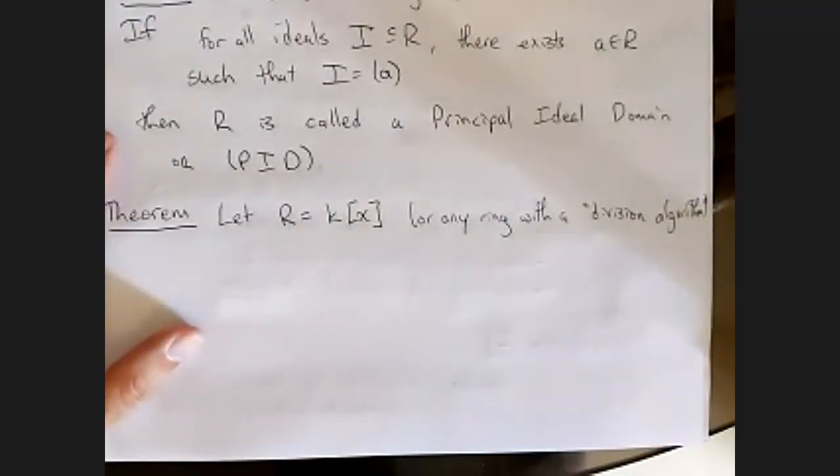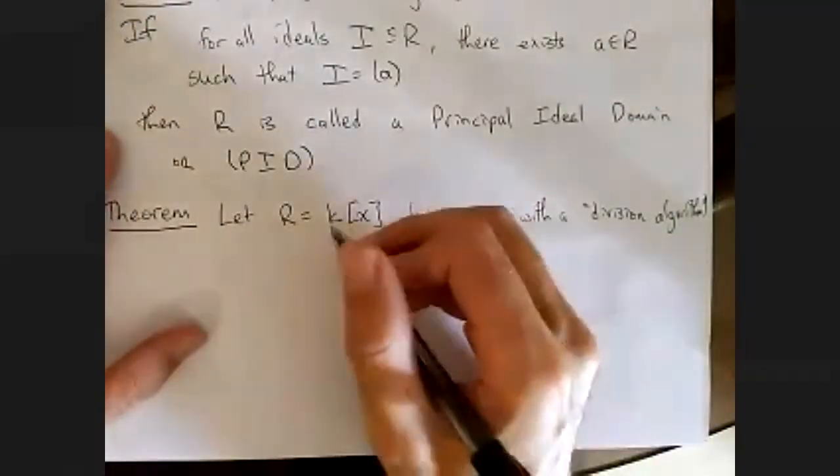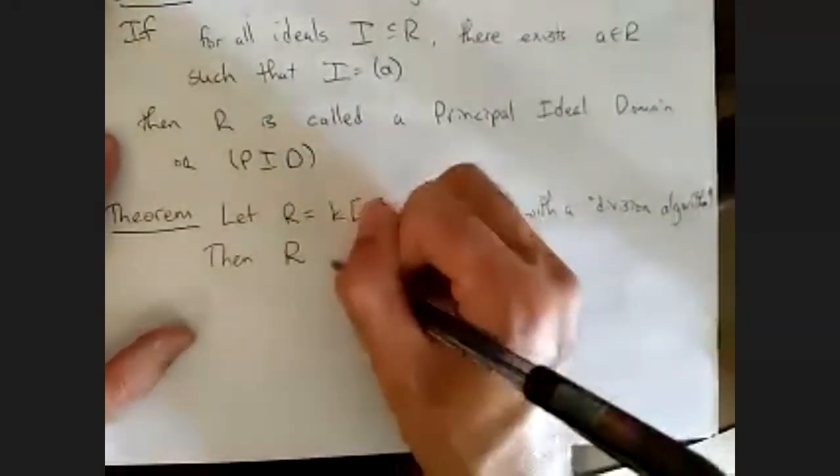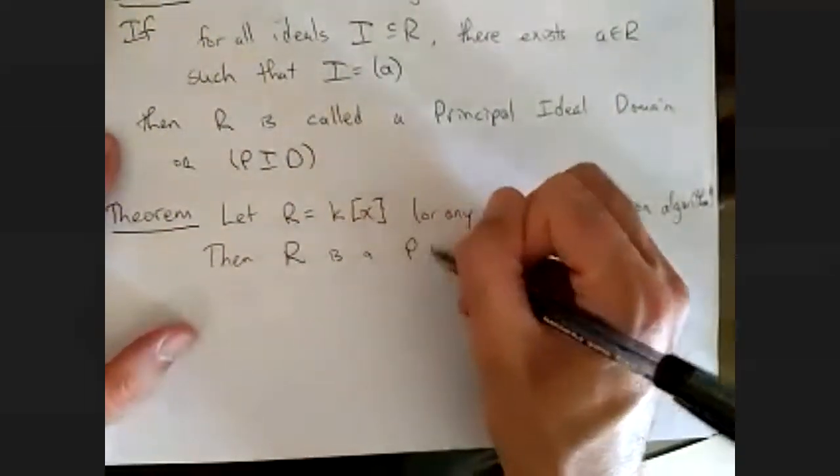But for us, it's fine. We can just talk about K[x]. Then R is a principal ideal domain.